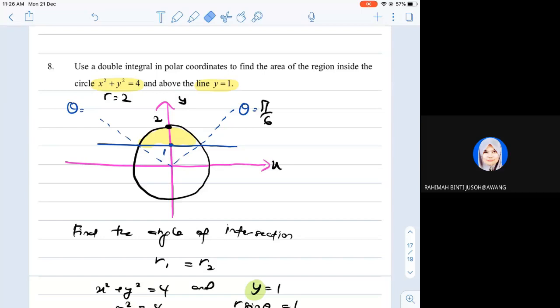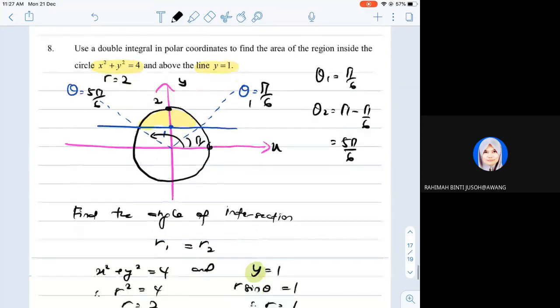Why do you have 7 pi over 6? Okay, if theta 1 equals pi over 6, it should be here, right? So how do we find this angle? Theta 2 is pi minus pi over 6, isn't it? Yes. So we will have 5 pi over 6. Okay, nice try. Thanks for responding to me. So we have 5 pi over 6.